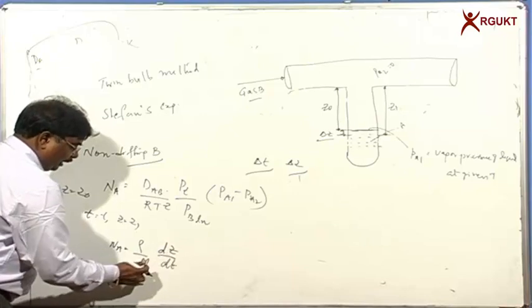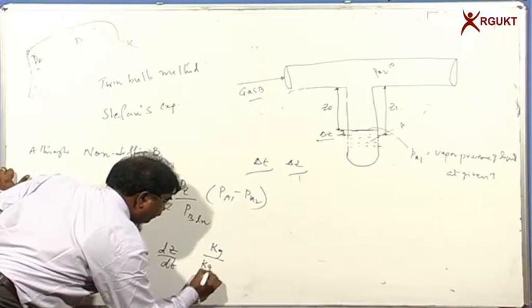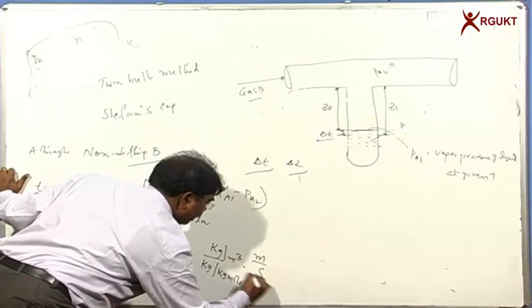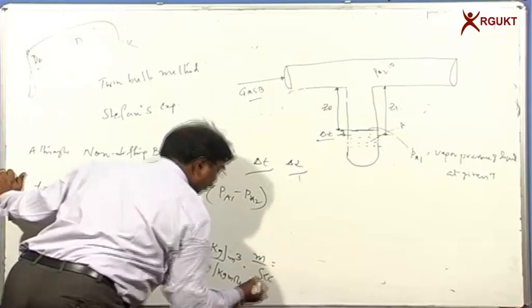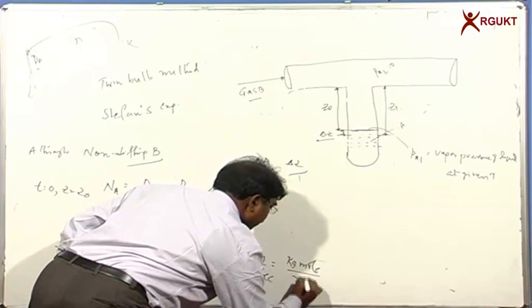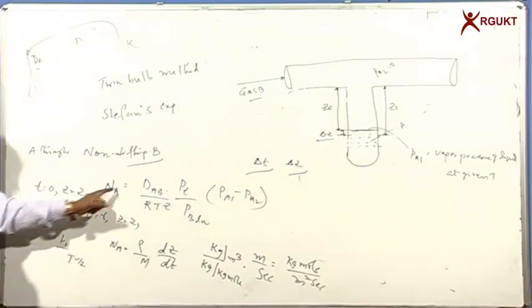That becomes kg mole divided by meter square per second. This is nothing but a flux, and this is nothing but your Na.